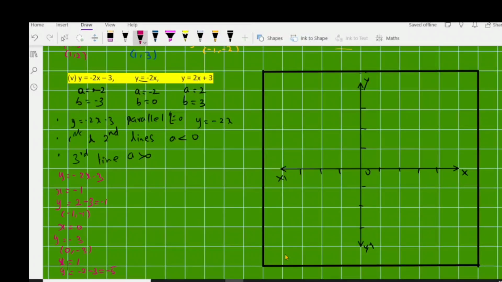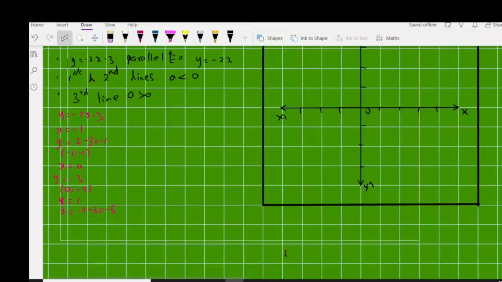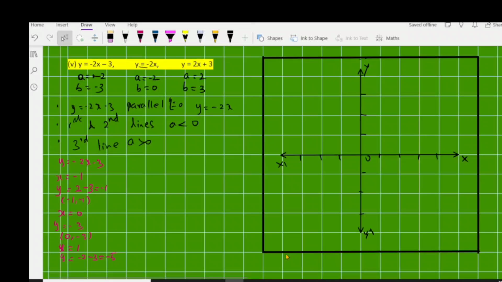Third coordinate point plus 1 comma minus 5.